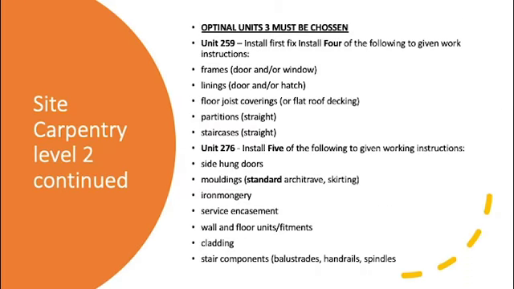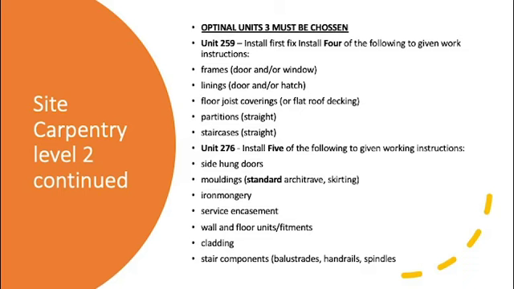When we go on to slide 4, we're looking at Unit 259, which is installing first fix, and again there's only 4 required from this, because we appreciate that not many companies actually do the full amount needed. So you can choose any 4 of the frames, door or window, linings, door or hatch, floor joist coverings or flat roof decking, partitions or stud-work, straight staircases.